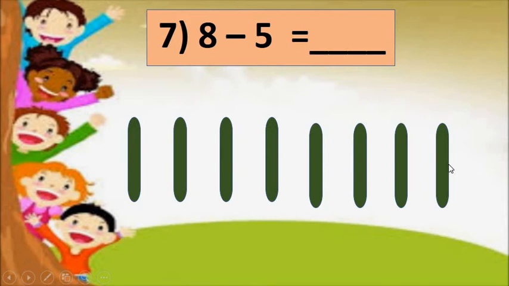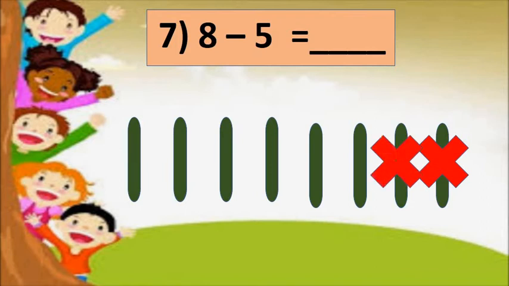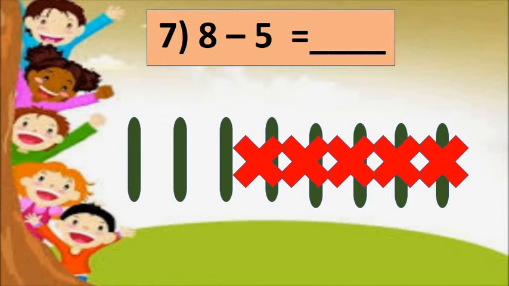Cross out or take away 5. 1, 2, 3, 4, 5. Now look at the board. How many objects are remaining? 1, 2, 3. 8 minus 5 is equal to 3. Completed. Make sure that your handwritings must be good. Okay. Shall we move to the next FB?